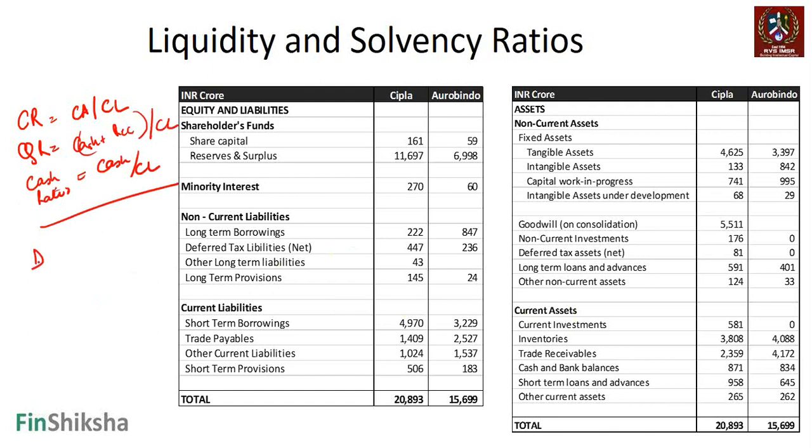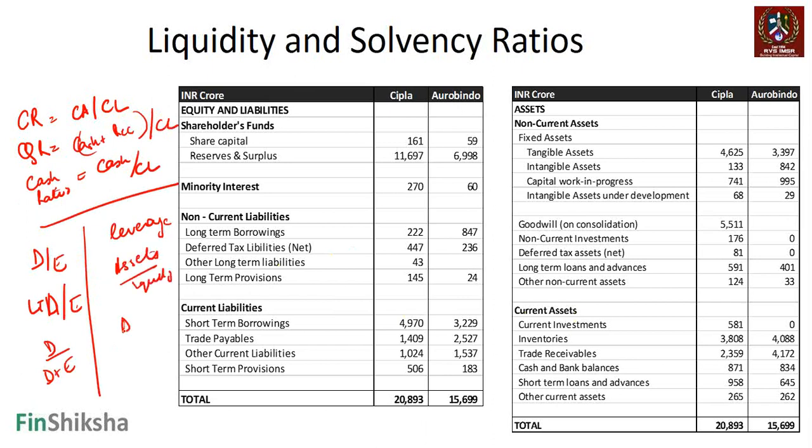Then we will look at debt by equity. We will look at long-term debt by equity. We will look at debt by debt plus equity. And we will look at the leverage, which is assets by equity.